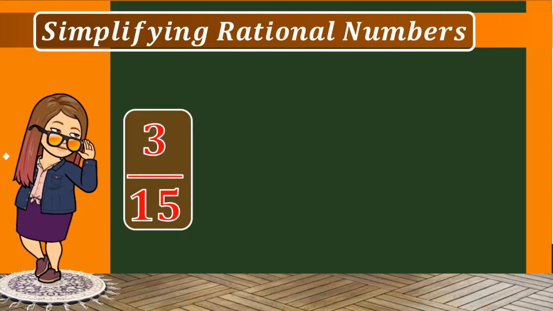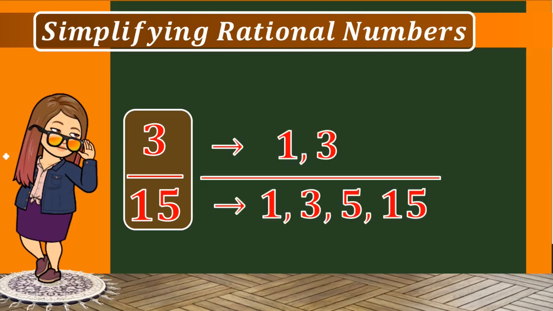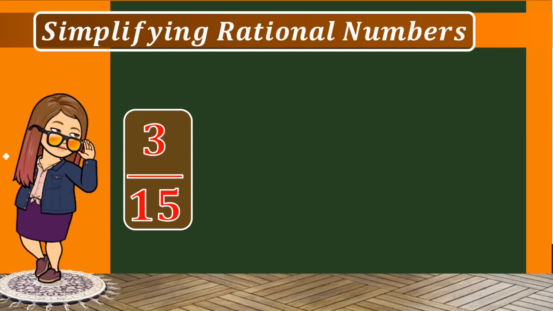For example, we have 3/15. First, we have to take note of the common factors. 3 has the factors of 1 and 3. 15 has the factors of 1, 3, 5, and 15. The common factors are 1 and 3, and the greatest factor is 3.